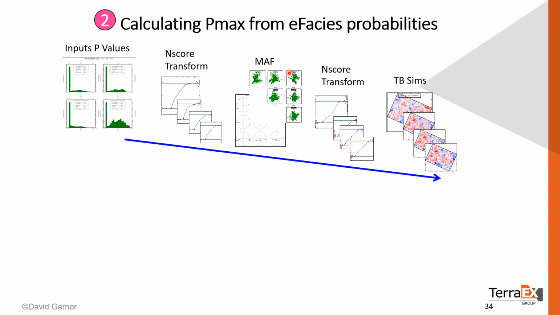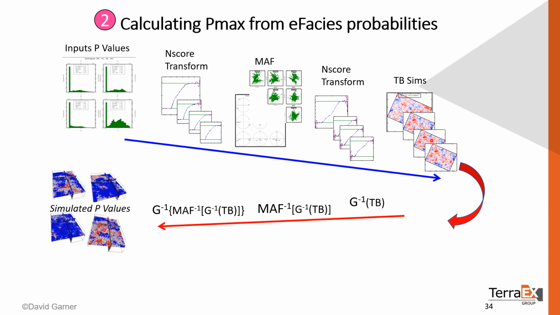Right? So if we have variables and we're going to simulate, we apply normal score transform and use a Gaussian type simulation. And we simulate as uncorrelated, so there's no cross variograms in these. And then we reverse the process.